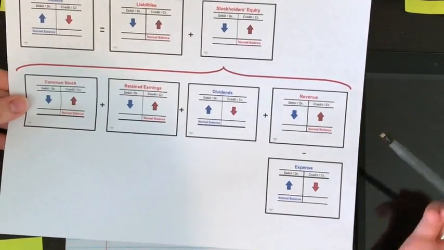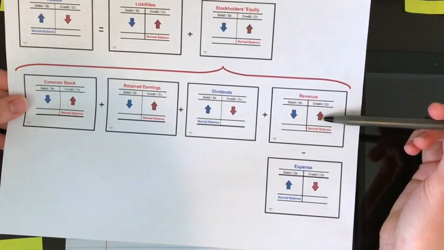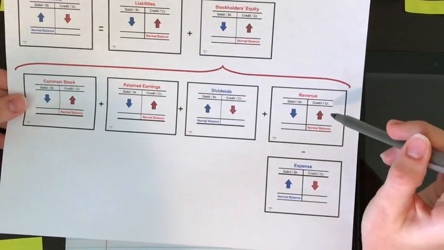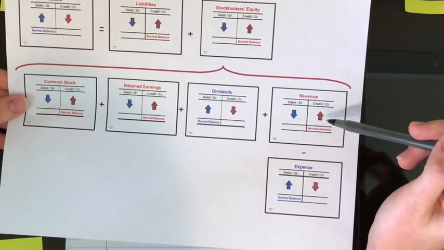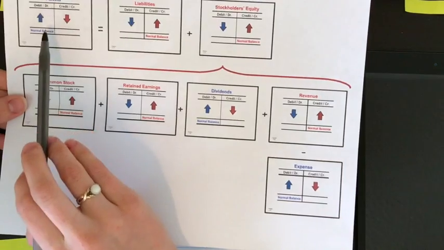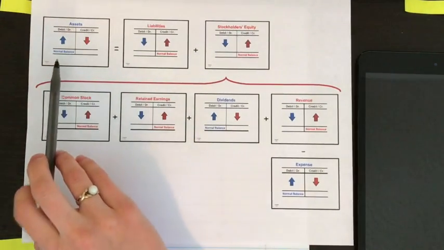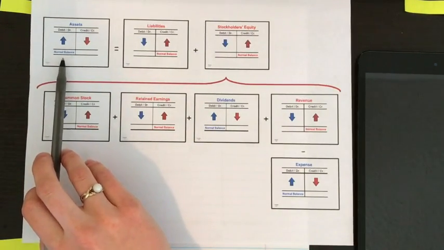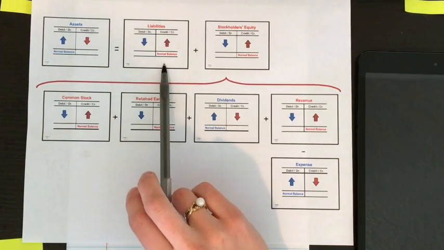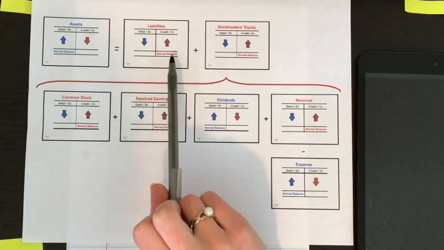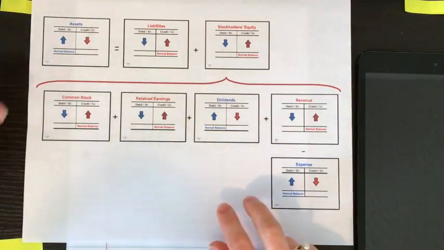Another good way to remember is where the increased amount goes for that account. For example, you list an increase in assets on the debit side, so that's the normal balance side. For liabilities, you list the increase on the credit side, so that becomes the normal balance side.